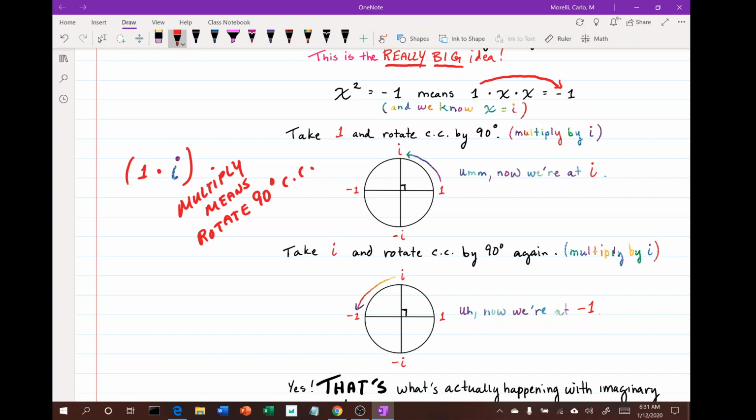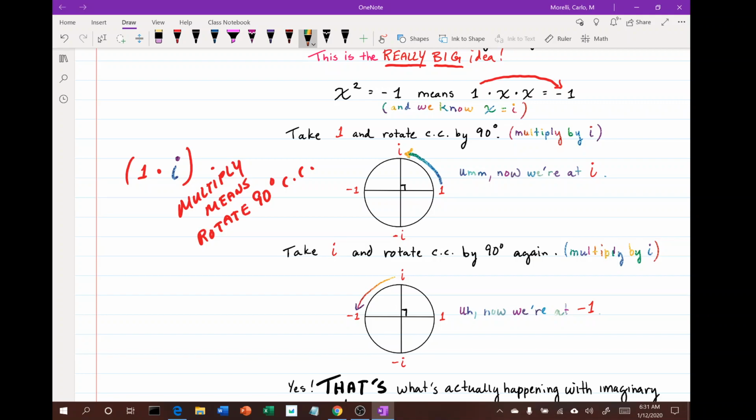So we start here at 1 and we rotate counterclockwise 90 degrees, and now we're at i. Okay? Now we're trying to get to -1. So we have to do it again. We're going to multiply by i again.